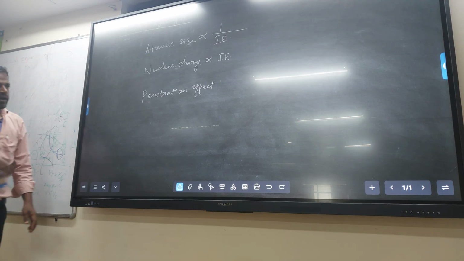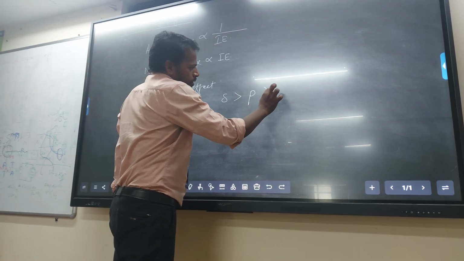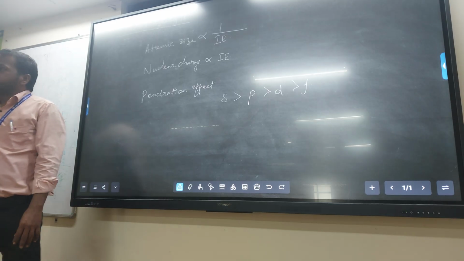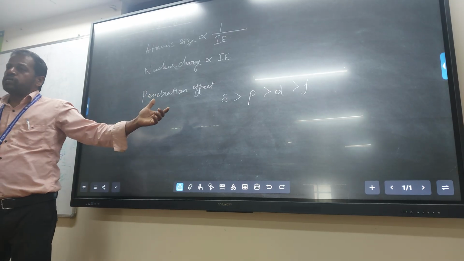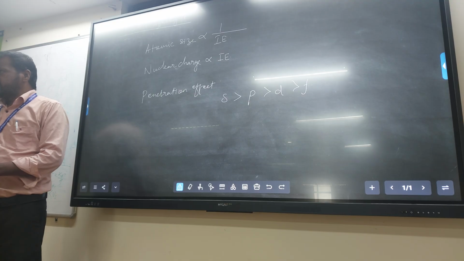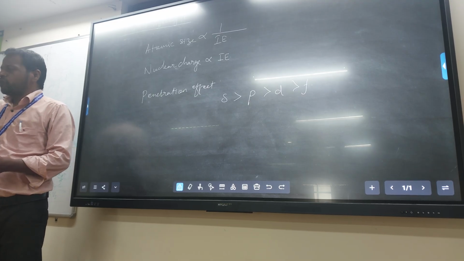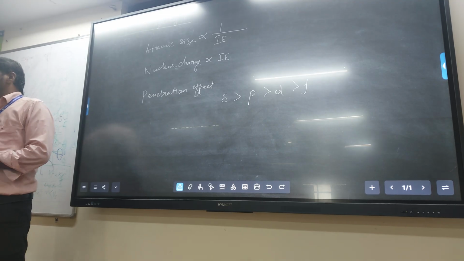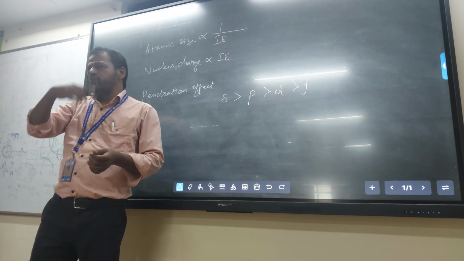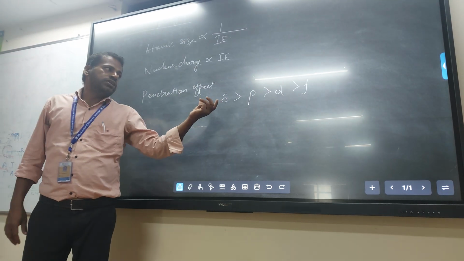Therefore the penetration effect is greatest for s, then p, d and f. Removal of an electron from the s orbital is very tough because the s electron covers the nucleus. It always surrounds the nucleus only. But in the f orbital, the electron is not like that. It somehow deviates from the nucleus. Therefore, this is the penetration effect order.